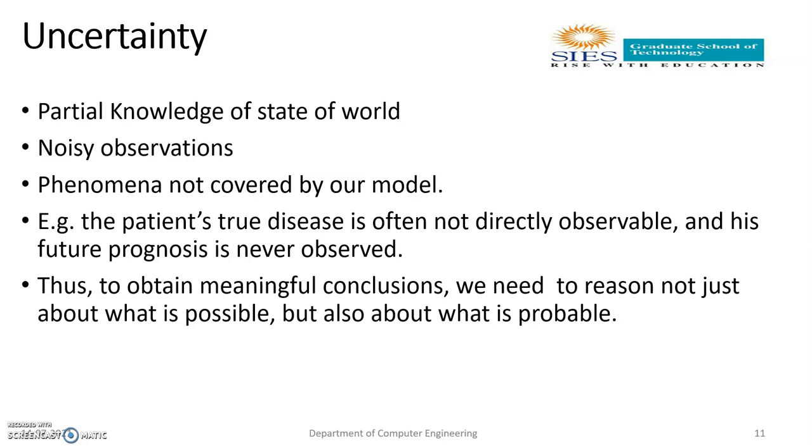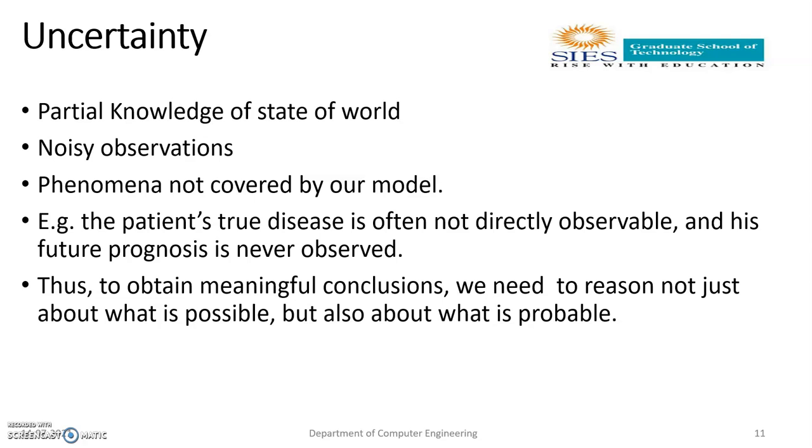We can create a model, and just as an example, a patient's true disease is often not directly observable and his future prognosis is never observed. So if we say that there is a patient having cough and cold, I have created a model which will say that if a person is having cough and cold for 5 days, I may conclude that this patient is having COVID.